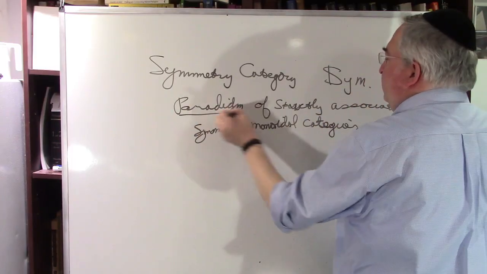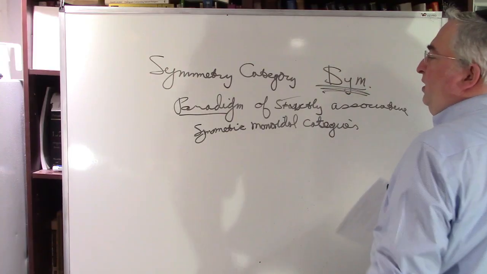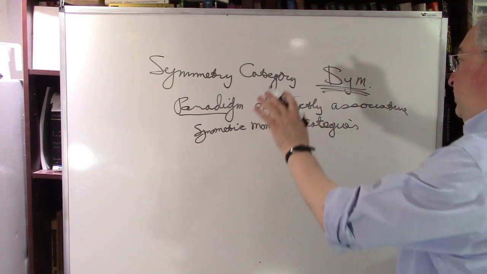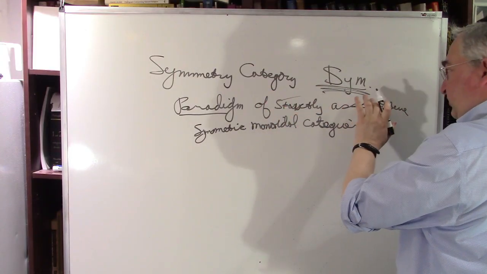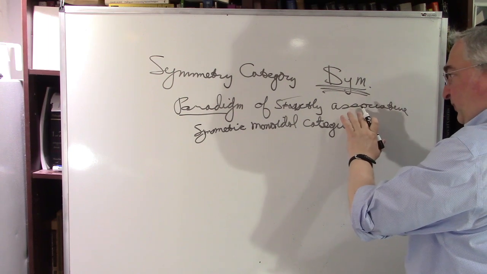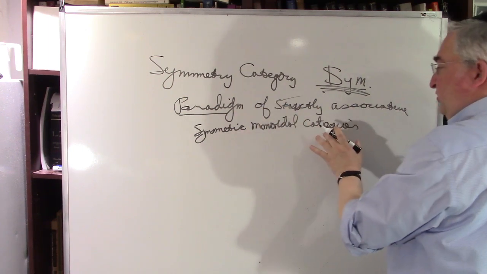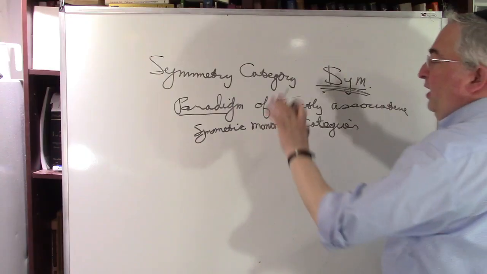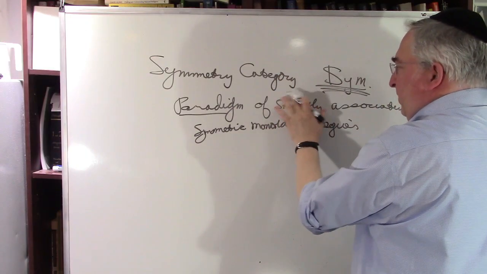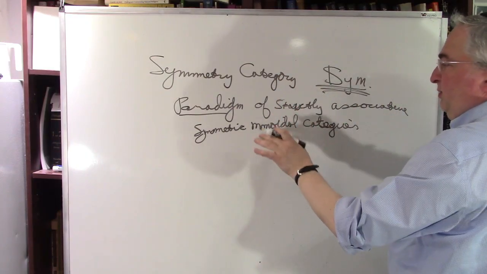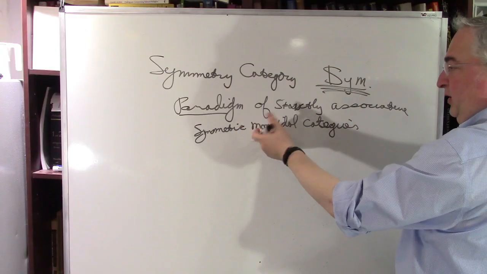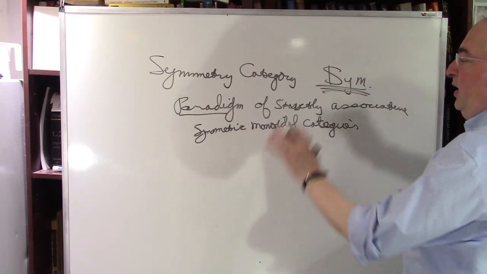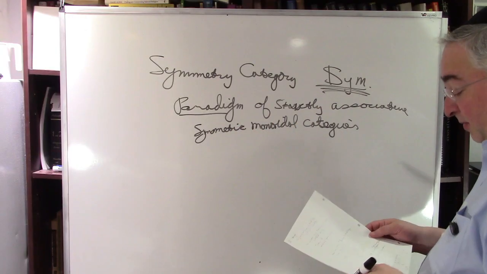So this category, SYM, it's going to be a symmetric monoidal category. That means that we don't worry about the alphas. Symmetric monoidal category, we are worried about the commutativity, and this is going to be the paradigm of it.